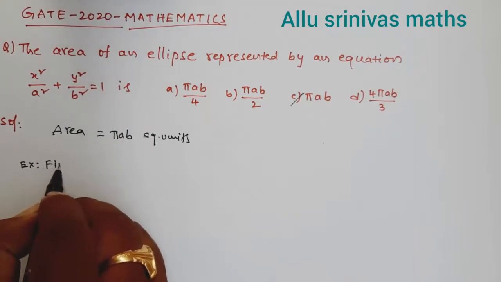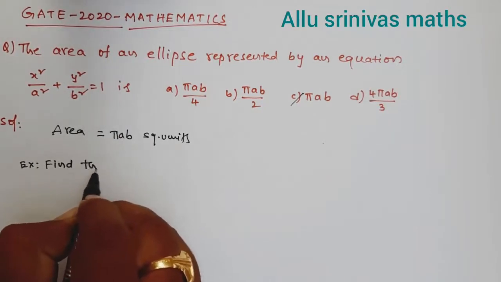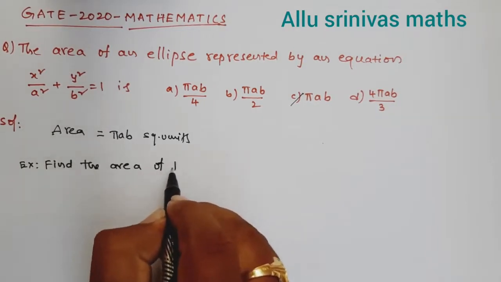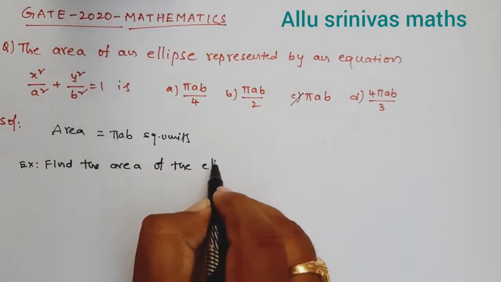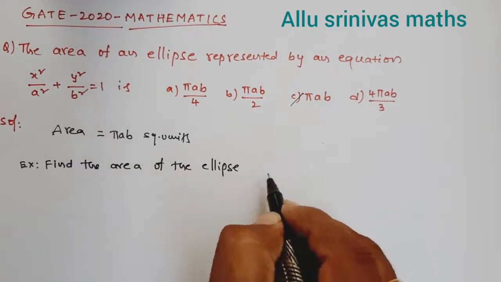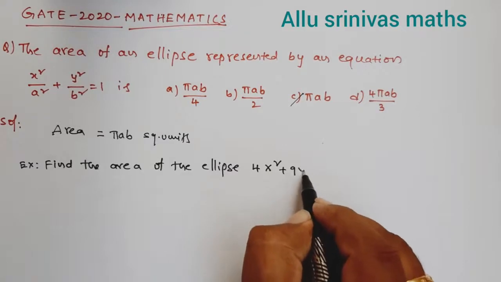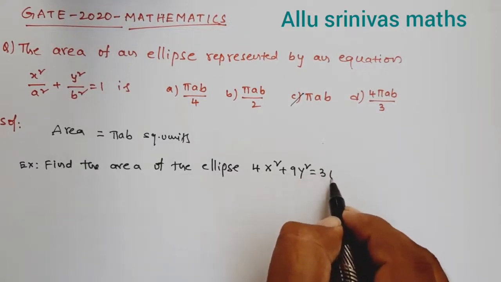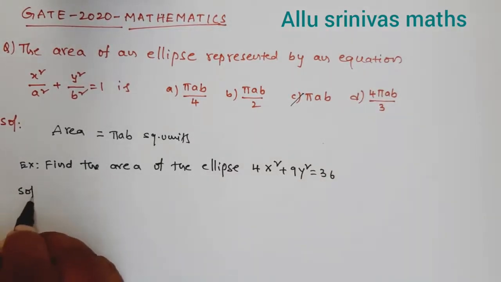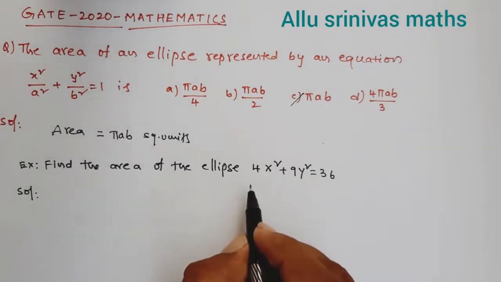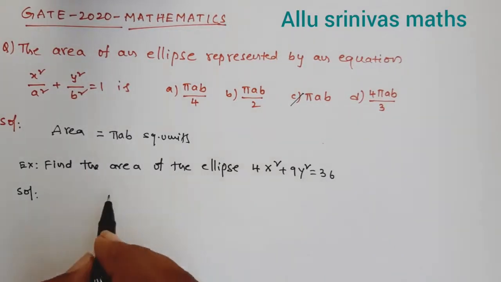Find the area of the ellipse x squared plus 9y squared equal to 36. We solve this problem. First, we convert this ellipse to the standard form of the ellipse.